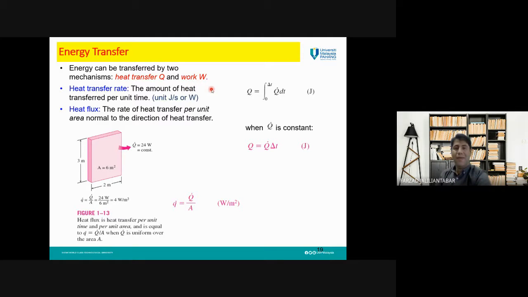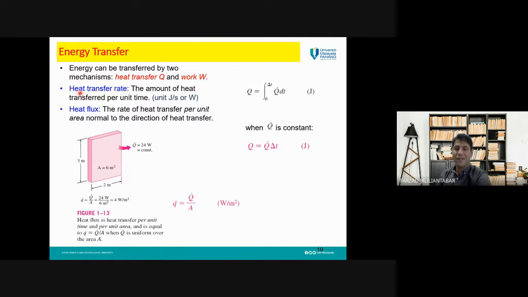But here we mainly discuss the heat transfer, the Q of the system. The Q is the amount of heat, or thermal energy, which is transferred.